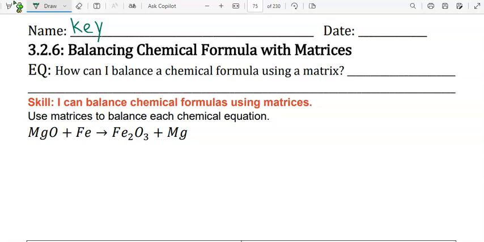1 magnesium and 1 oxygen plus 1 iron is 2 irons, 3 oxygen, and 1 magnesium. To set this up, we will first put a coefficient in front of each of these.